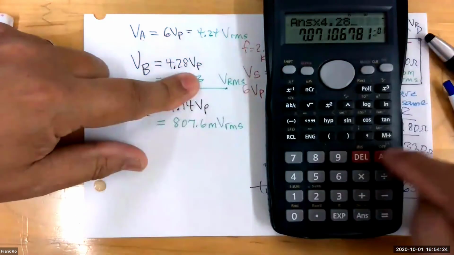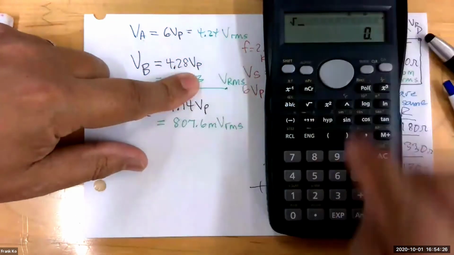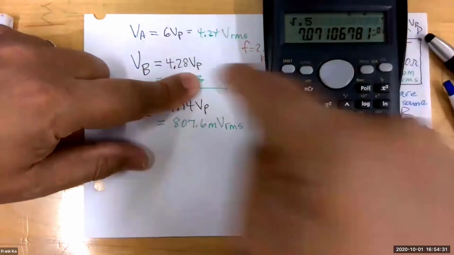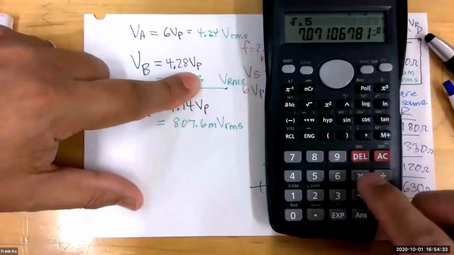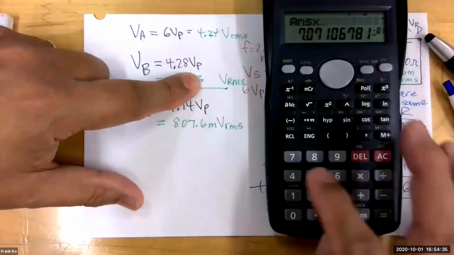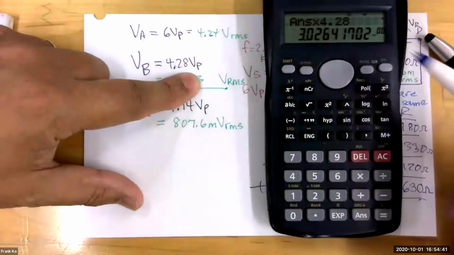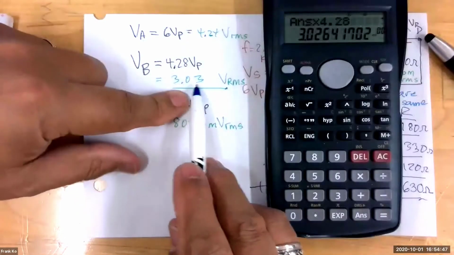So there's my square root 0.5 equals, and now multiply this by 4.28. What is your result? 3.02 voltage RMS. Yeah, but if you look at your calculator, 3.03. Sorry. And have we verified, and we're happy with 3.03 VRMS.